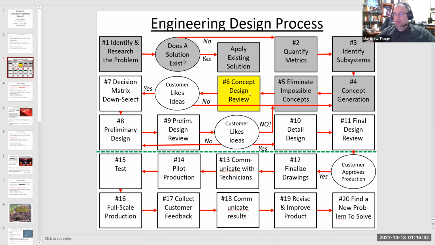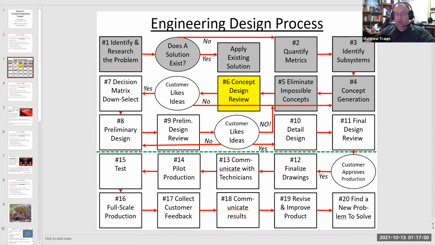And so the reason that the hedgehog concept sits in the concept design review phase is because this is the beginning of the genesis of the idea that you are going to use as basically the skeleton to build up your design ideas based on what the down selection matrix tells you.